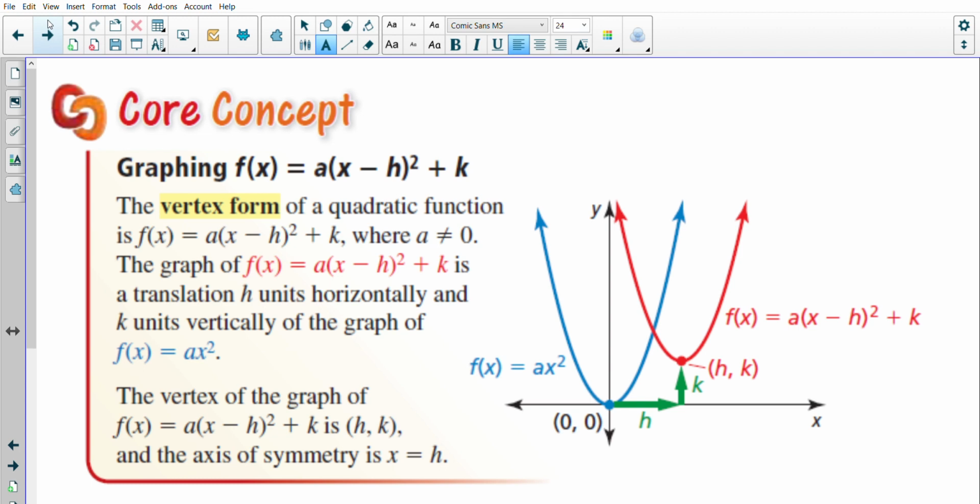So in the parentheses, if it's a minus h, we go to the right that many. Outside of the parentheses, if it's a plus k, we go up. If it's a minus k, we go down. Inside the parentheses, if it's a plus, we go to the left. So it's kind of the opposite inside the parentheses of what we might think.